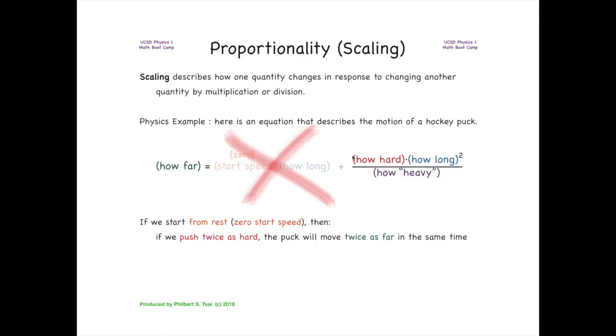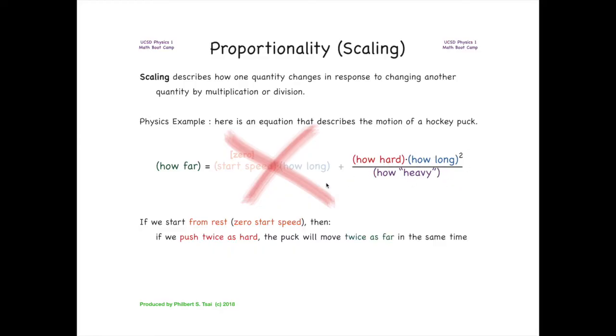The only thing we change is how hard. If these are now constant for our experiment, this becomes our proportionality constant, how long squared over how heavy. Our equation then tells us that we have a linear proportionality between how far the puck will move and how hard we push it, with this being the proportionality constant k.